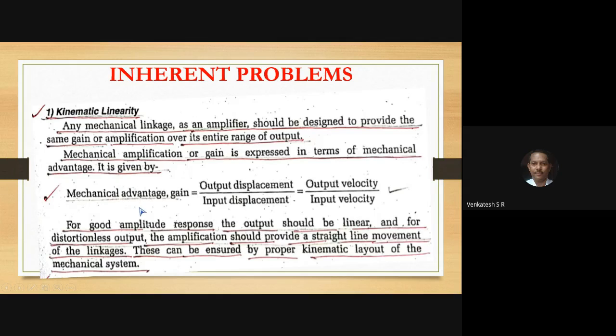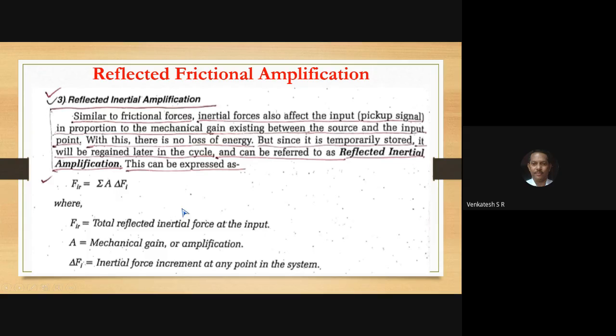That is called mechanical gain. That is the definition of mechanical gain, the ratio of input to the output, whether it may be displacement, velocity, speed, or linear movement. The 10 millimeter increases to 1000 millimeter, or 10 RPM increases to 1000 RPM. That is called mechanical advantage.